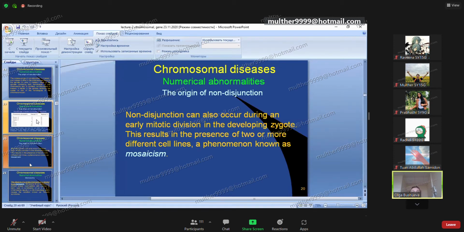The frequency of mosaic form is around 1% among all cases of chromosomal pathology. And we know that the clinical picture in mosaic forms will not be so expressive.